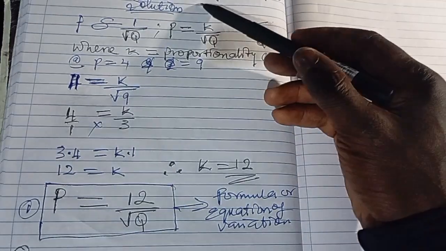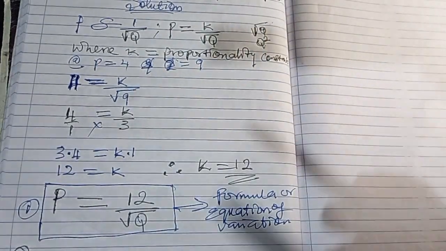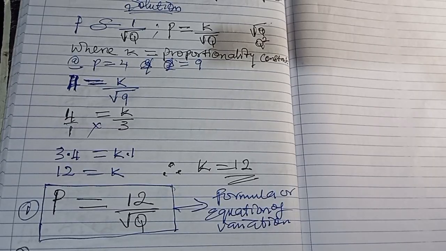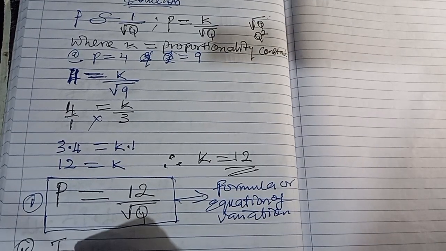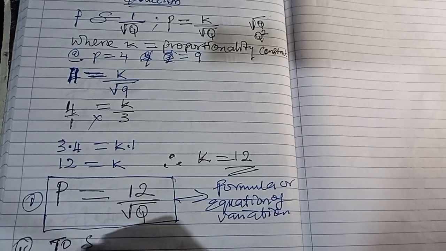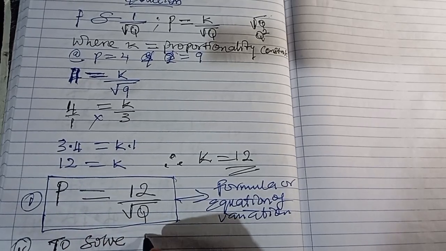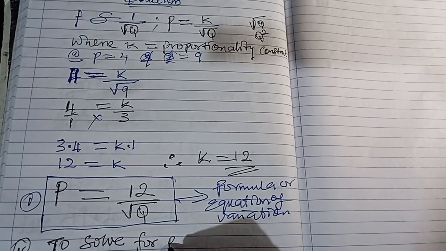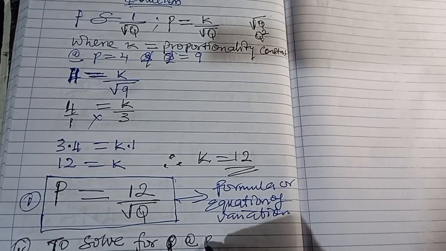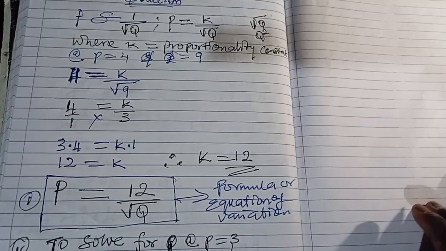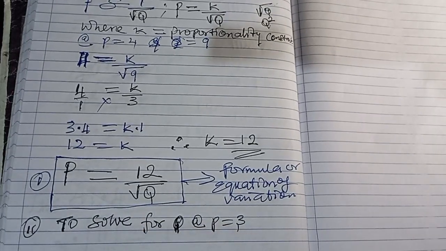to solve for the value of q when p is equal to 3. Alright, so we just substitute to solve for q at p equals 3. That is making q the subject of the formula here.